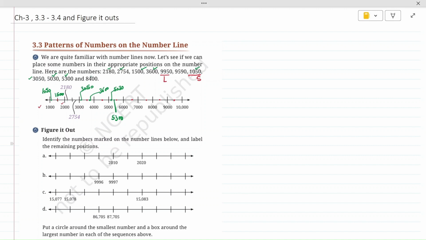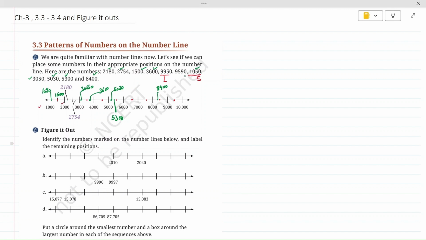7000, no number. 8000, we have 8400, which is between 8000 and the midpoint, somewhere here. So it is 8400. I am marking here. It is less than the midpoint 8500. And then we have the last two numbers, 9950 and 9590.